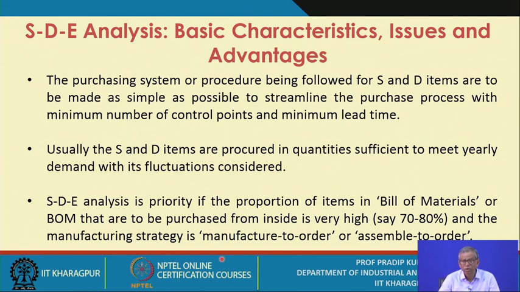So that's why you try to procure such items in large quantities, so that at least the yearly demand you can fulfill with one order. That means against one purchase order, you try to get the entire quantity. Multiple supplies may be difficult, so against one order, one supply. That rule is normally followed.